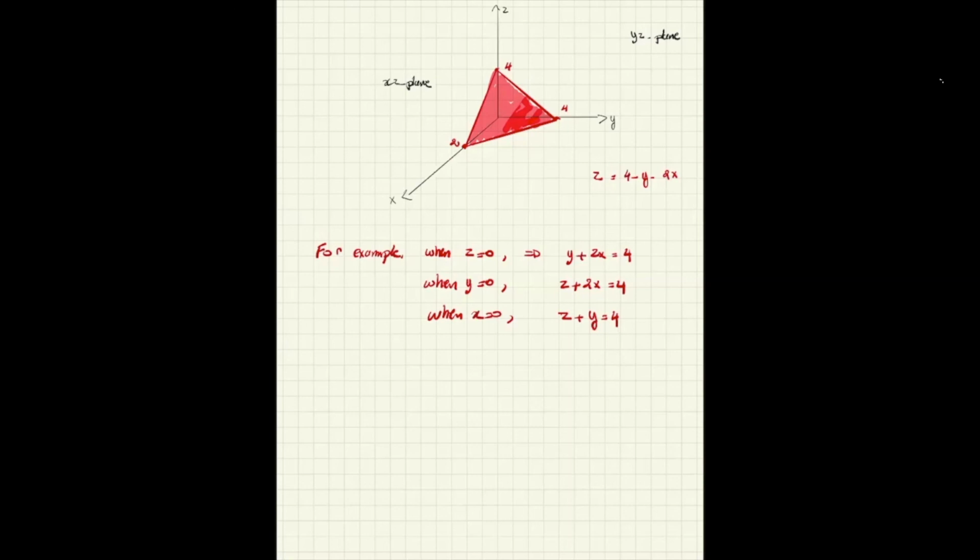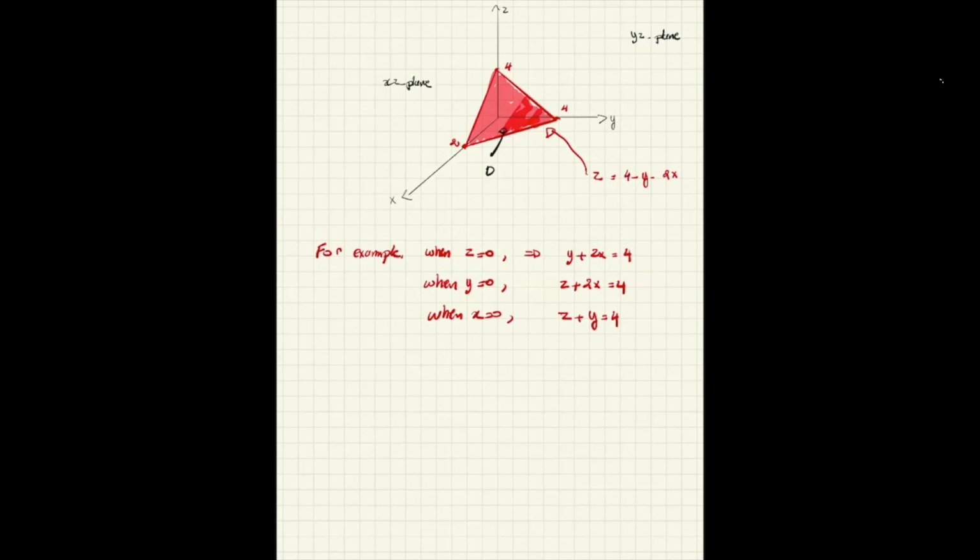For the volume, you have to first find the domain D. This is the D. And then right above D, there is this plane here given by z equal to 4 minus y minus 2x. It's exactly the surface that is above D.